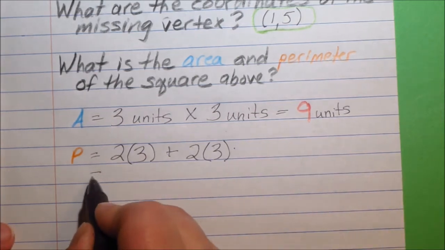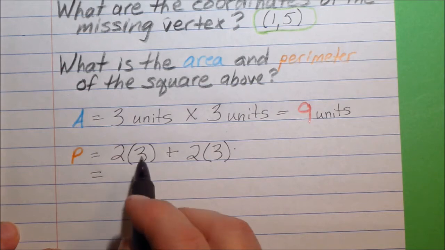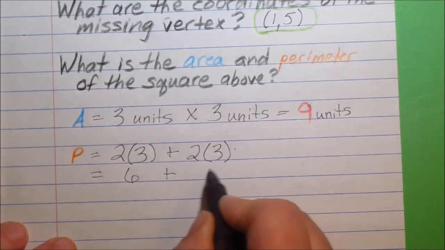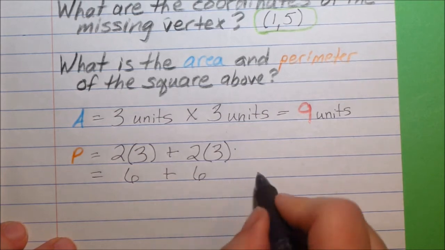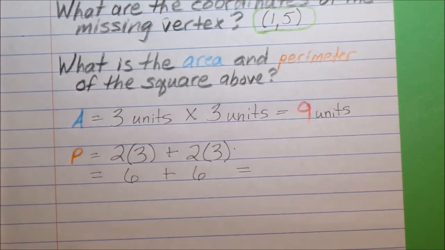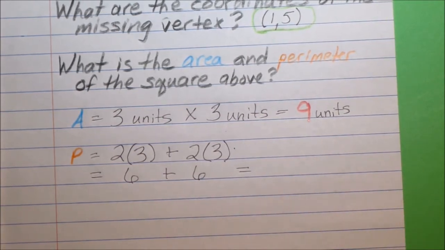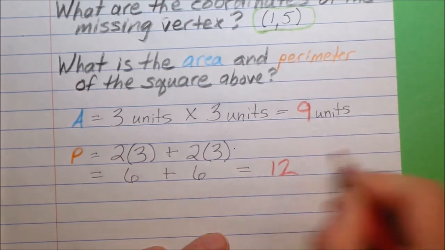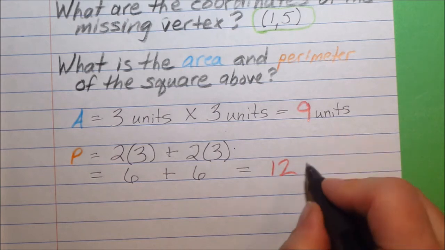So well, no, I didn't have to. Okay, so 2 times 3 of course is 6, plus 2 times 3 is 6, and so that equals 6 plus 6, not times. 6 plus 6 is 12. And so the perimeter is 12 units.